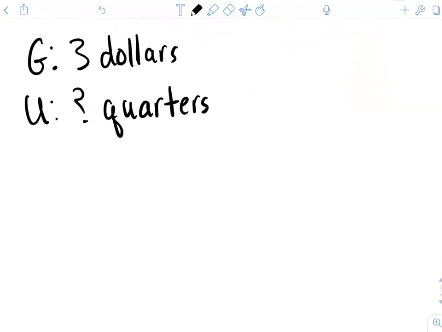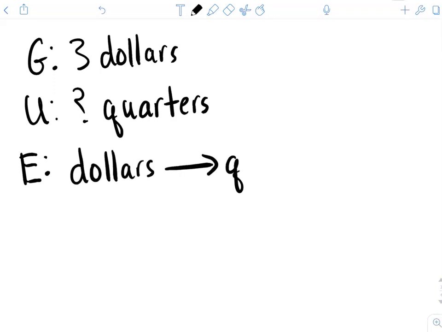Now, for the E part of our GUESS method, this is going to be our unit path. So we don't have an equation to plug and chug into. We're trying to figure out, how am I going to change my units? So we start with dollars, and then we're trying to get to quarters.